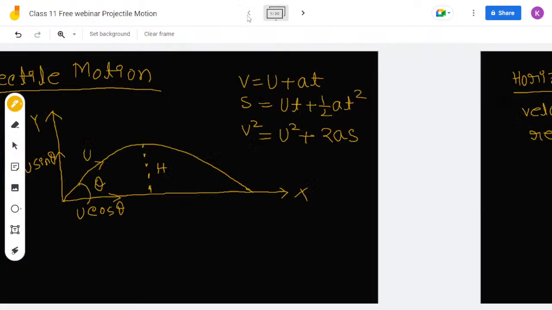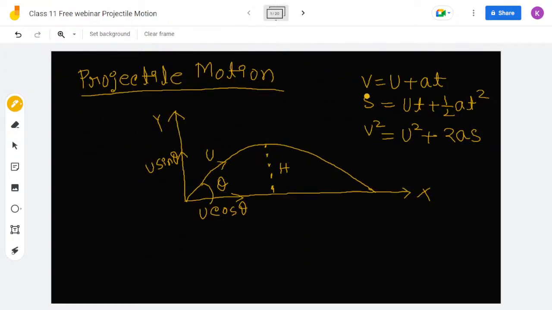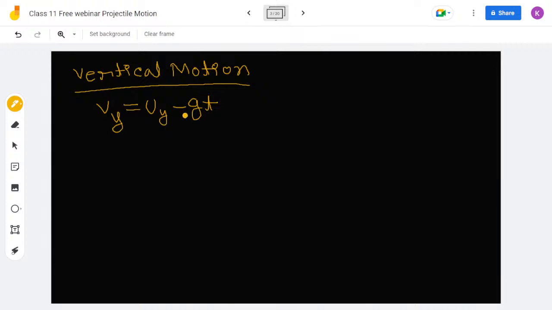Here we see that the equation of motion is v equal to u plus at, but whenever we are throwing an object in the upward direction, the gravitational acceleration opposes the motion that is going in the upward direction, hence there is a negative sign. And as we know that the acceleration due to gravity is denoted by g, this equation becomes vy equal to u suffix y minus gt.